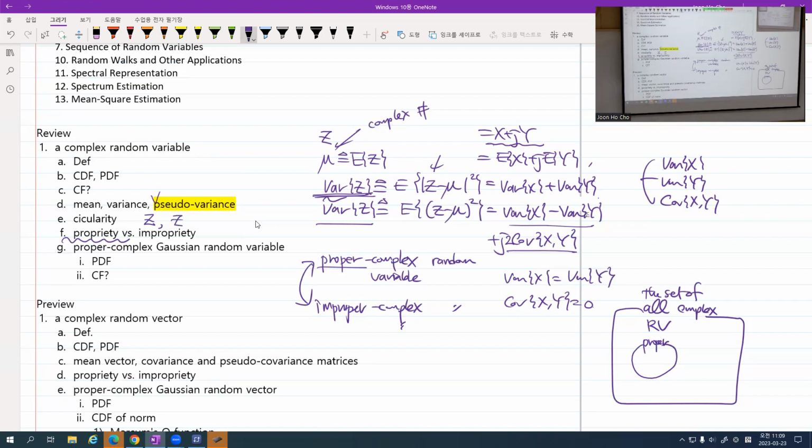So Z and e to the j theta times Z have the same distribution, which means that in the two-dimensional plane, real part and imaginary part, you have the same PDF if a PDF exists. What does that mean? The two-dimensional PDF must be rotationally symmetrical.